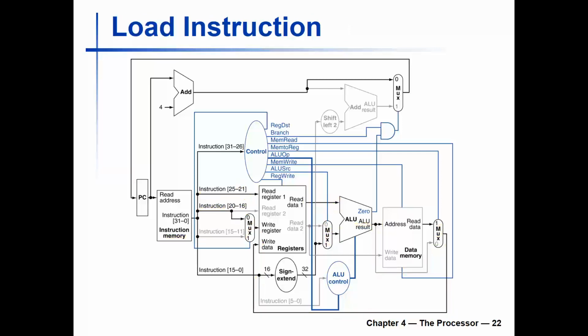And now in the case of the load, we have the first register coming in here, and this data is sign extended and goes here. So here the register is added with the immediate data.